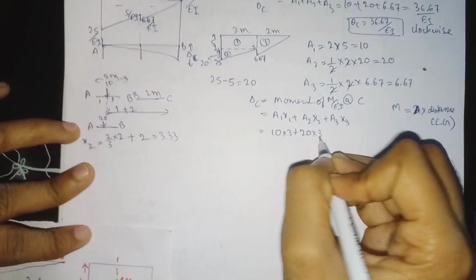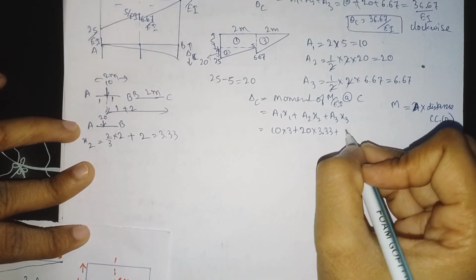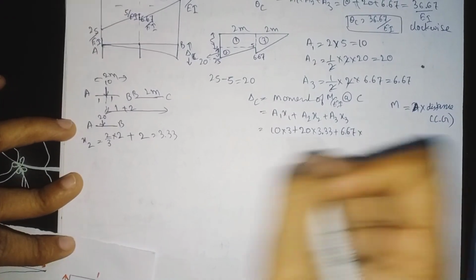Substitute here 3.33, plus A3 is 6.67 into the x3 value.